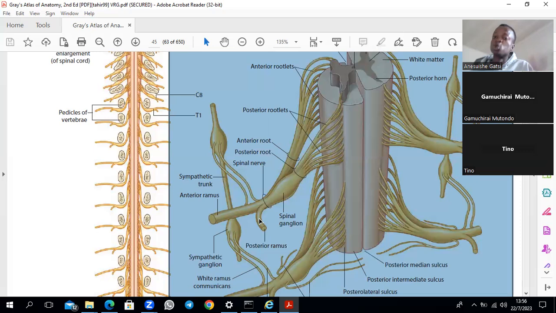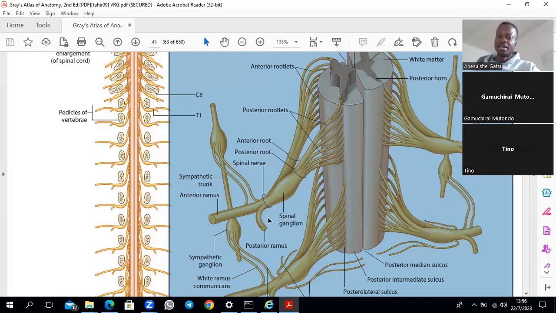They have nothing to do with the muscles of the limbs. So a spinal nerve, 1 centimeter in length. It's mixed. It has both motor and sensory. Then immediately after being formed, it divides into an anterior ramus and a posterior ramus.